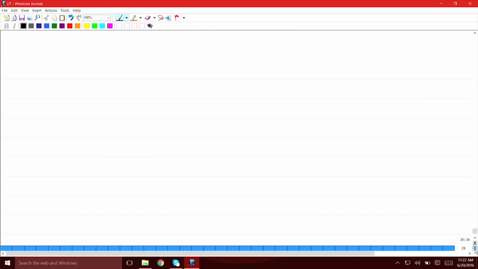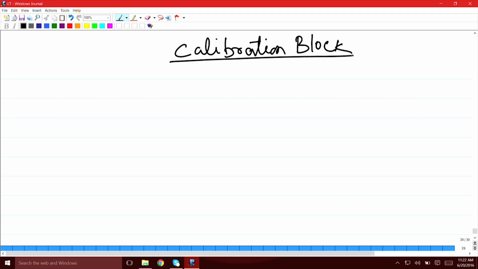If you follow the specifications in this case, the block that you have looks like this. It is primarily a cylinder which has an artificial flaw cut at the bottom in terms of a flat bottom hole.